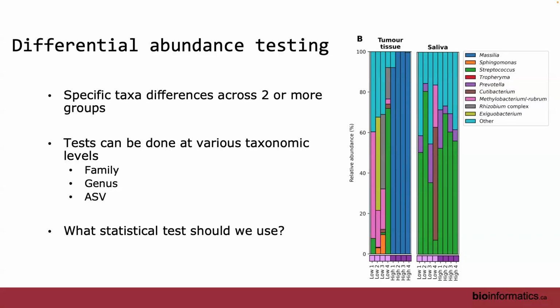Often people don't do it at the species level with 16S data just because the portion of your ASVs that have a species level assignment is quite low. You might get like 25 or 30%, so then you could only actually do the test on those. If you're more interested in something specific below genus level, then you might just go directly to ASVs and say what specific ASVs are different between your groups of interest.